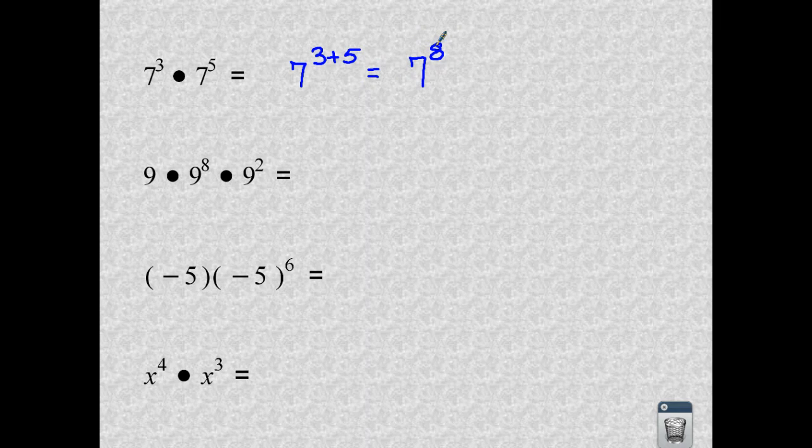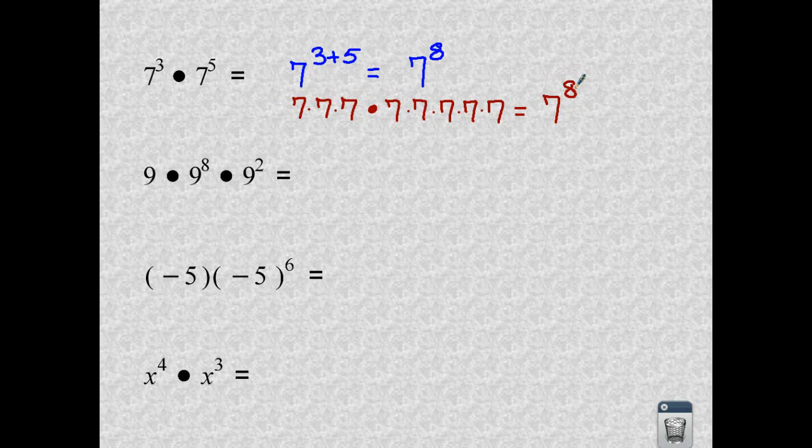If you were to write this out, 7 to the third power multiplied by 7 to the fifth power, how many 7s do we have in this product? 1, 2, 3, 4, 5, 6, 7, 8. That's why we can use this quick property rule, adding the exponents when the bases are common. We don't want to have to write out all of these 7s to come up with that answer.